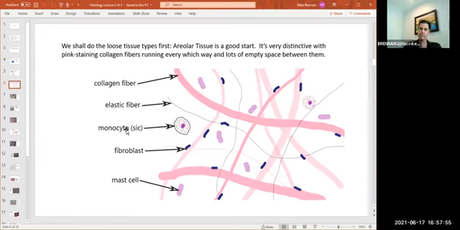So areolar tissue, this is just a diagram of it, a schematic view of what you might see on a microscope slide, a good one that shows all the stuff and it's properly stained. You got these big and little pink staining collagen fibers running every which way. And then you got these tinier dark staining elastin fibers made out of a protein called elastin that's rubbery.